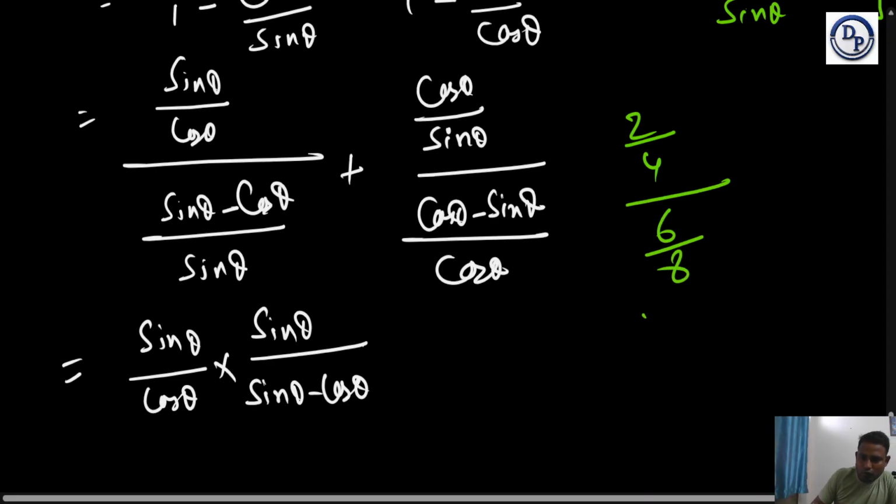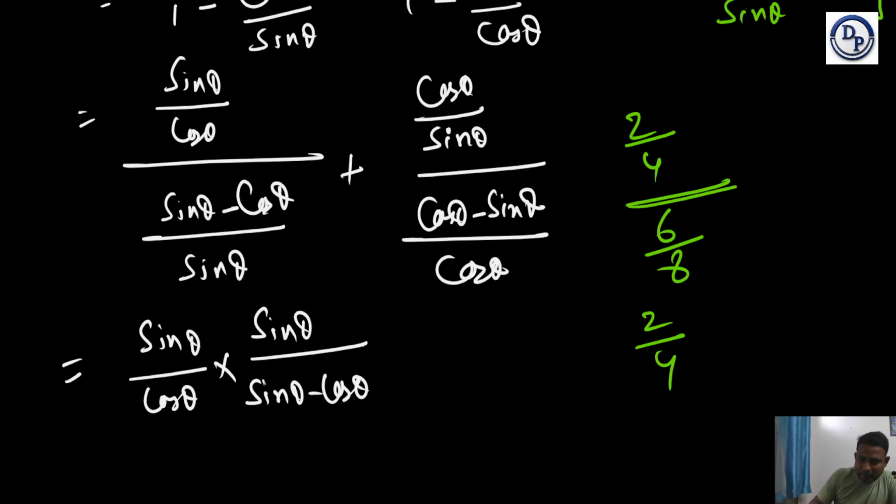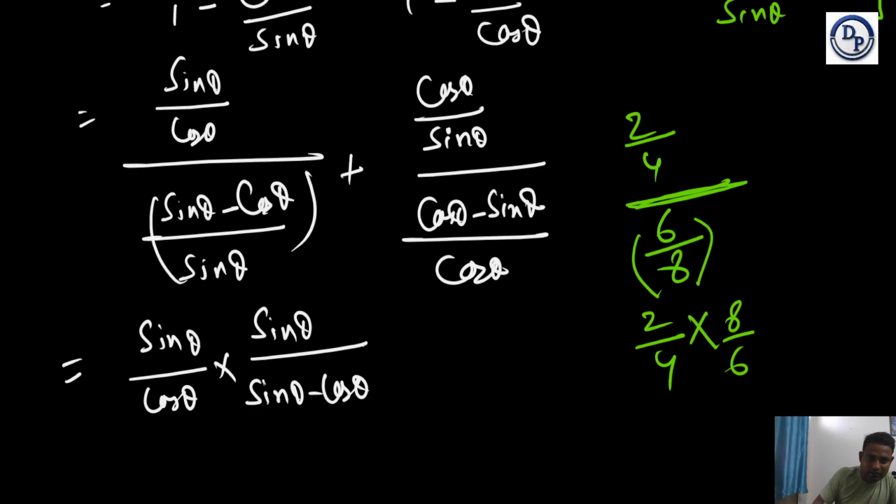This is the main division, we convert division into multiplication. Again, we reciprocate this, and we'll get 8 by 6. So simply I reciprocated it. There sin theta is above and sin theta minus cos theta is below. Similar thing would be done here as well. This is cos theta by sin theta.